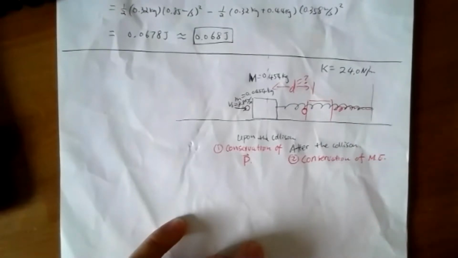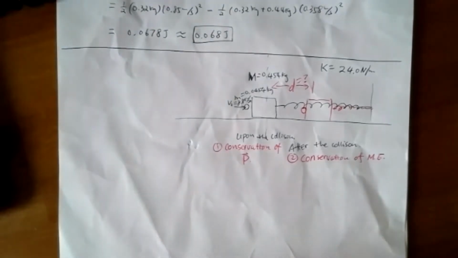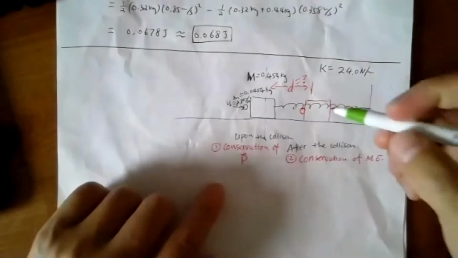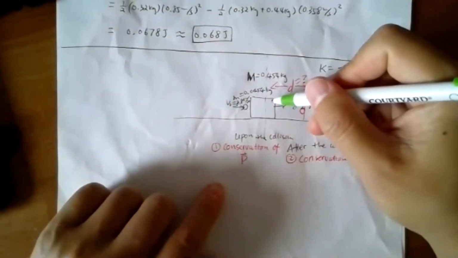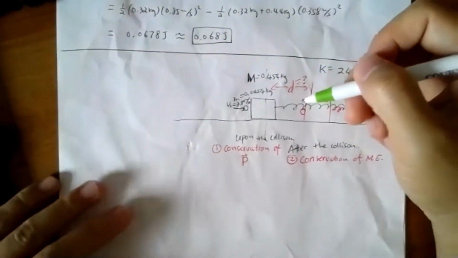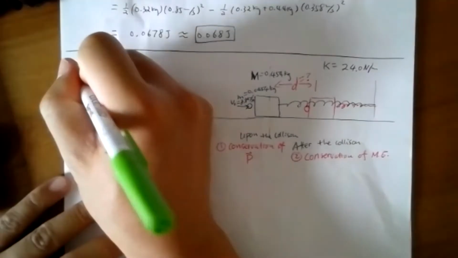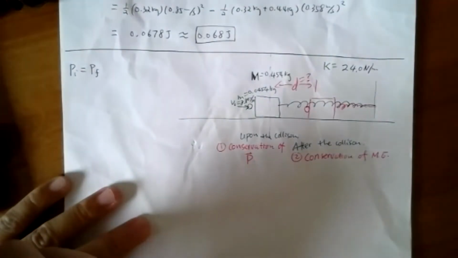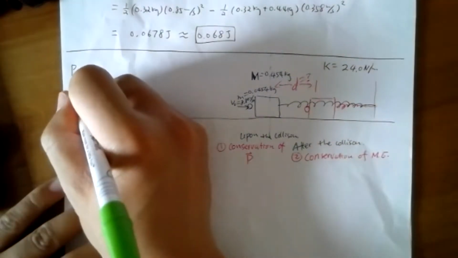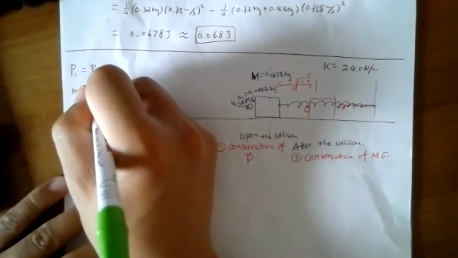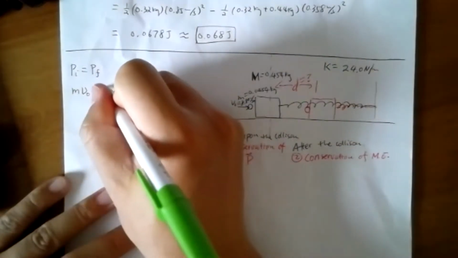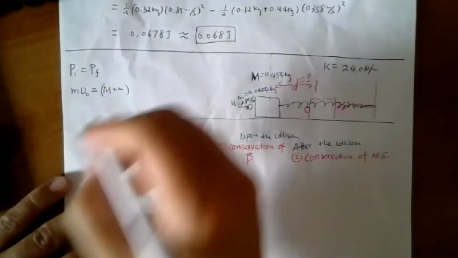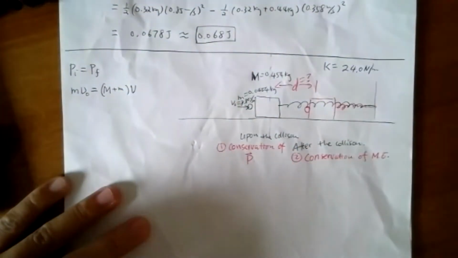So basically, we are going to look for the two parts of the problem. First part: upon collision, momentum is conserved. So P initial equals P final. Initial momentum should be the small mass times the V0. That should equal, now the two stick together, so you put the masses together, times the velocity after the collision.